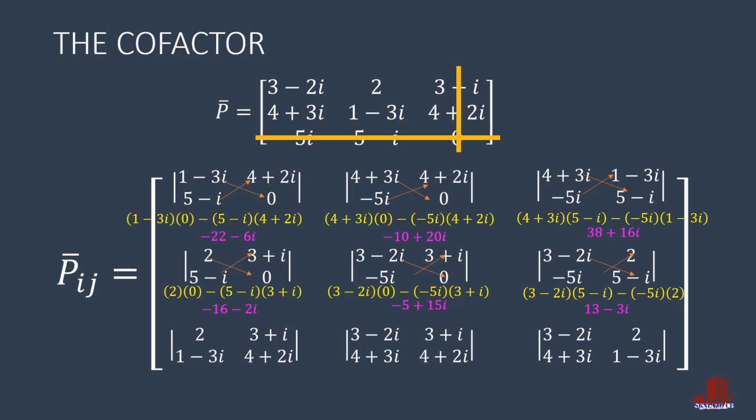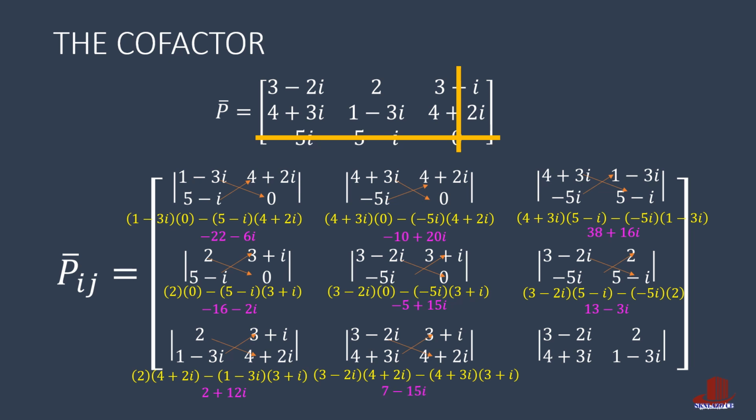For the third row, the determinant of element 3, 1 is taken as twice of 4 plus 2i minus the quantity 1 minus 3i times 3 plus i. This is simplified as 2 plus 12i. Element 3, 2 has 3 minus 2i times 4 plus 2i minus 4 plus 3i times 3 plus i.